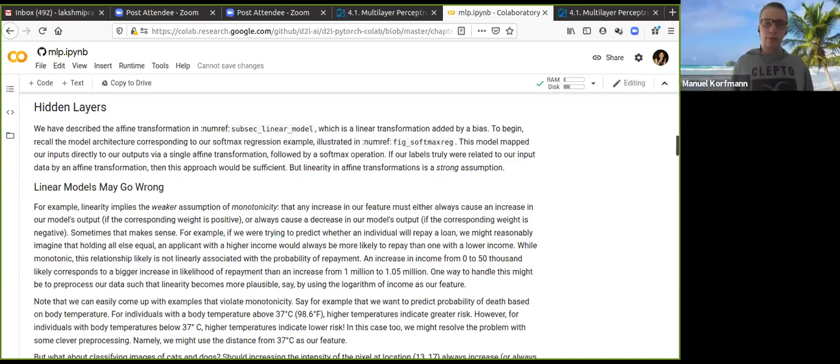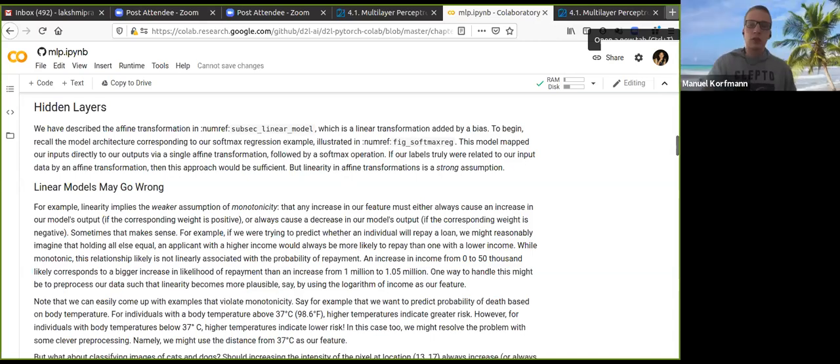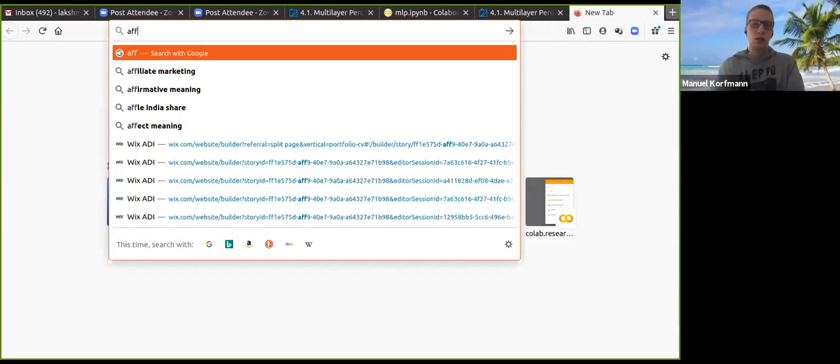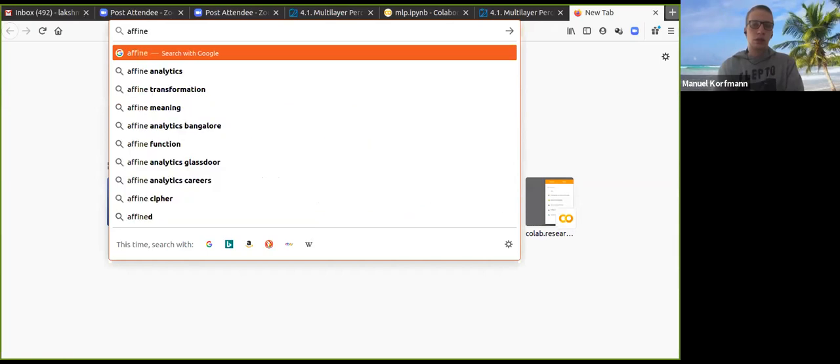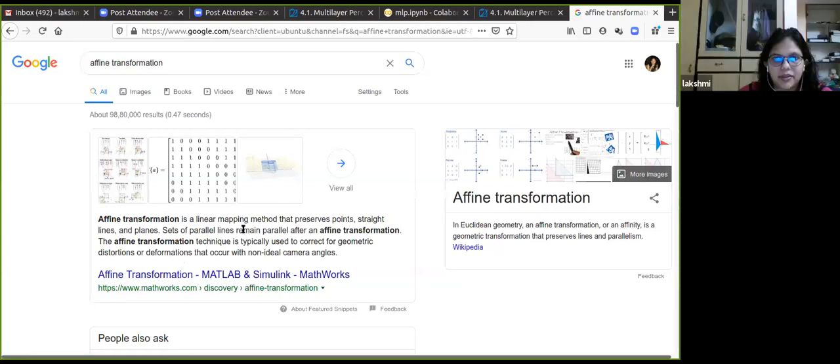Linear models may go wrong. Wait, what does affine mean? It's a single transformation, right? Can you look it up in a dictionary? Just the word affine.